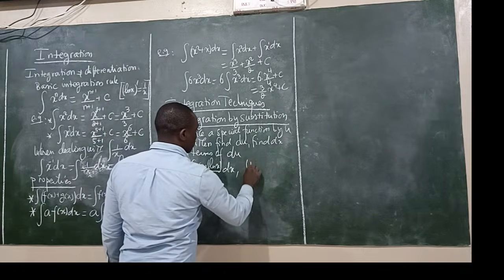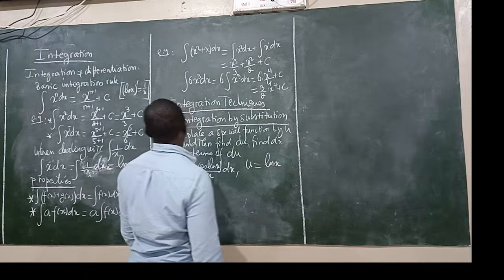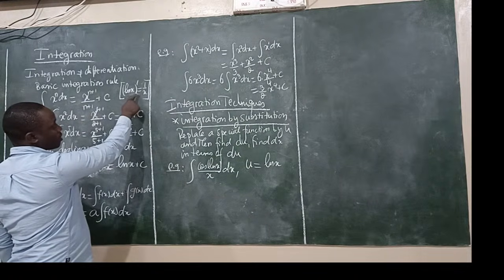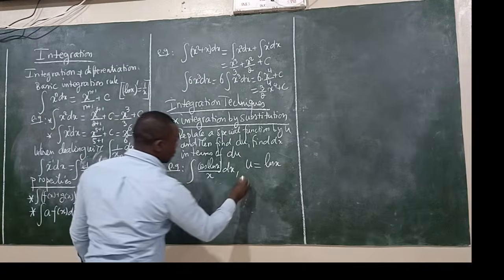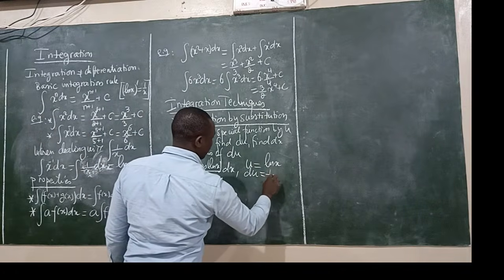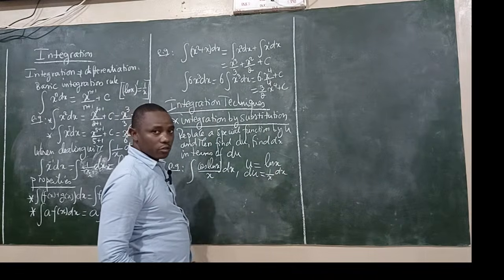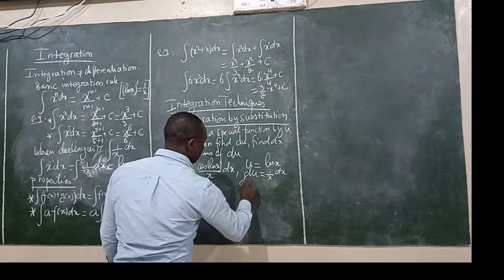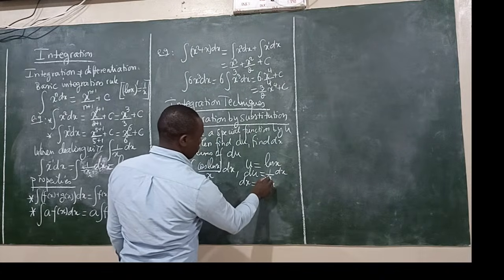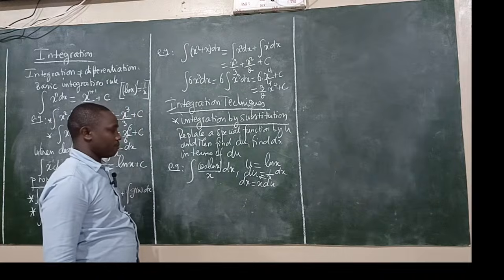So let u be ln x. As you saw it here, the derivative of ln x is 1 over x. Let's find du, which is going to be 1 over x dx. What is dx in terms of du? dx will be equal to x times du. We cross multiply x to the left.